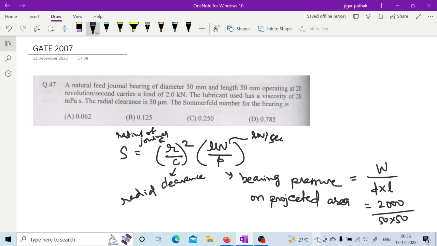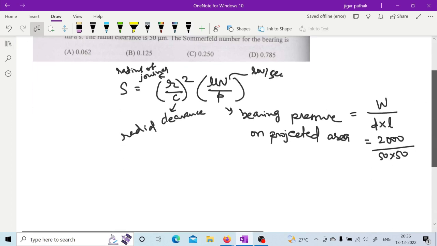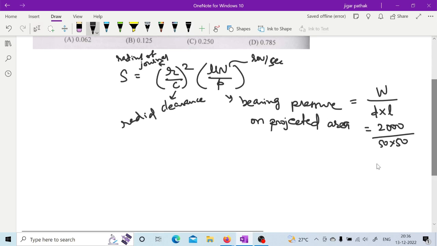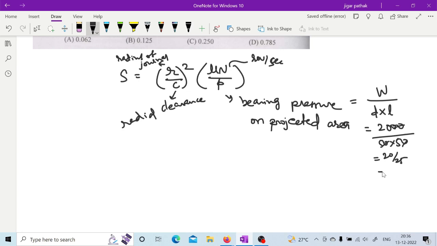And what else? Radius is 25 and clearance is given as 50 micron, right? So if you put all the values now, if you simplify 2000 by 50 into 50, then it will be 20 by 25, right? 20 by 25 is 4 by 5, so 0.8.